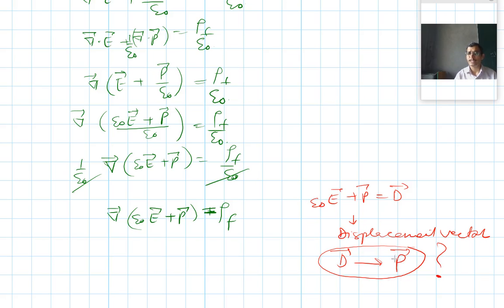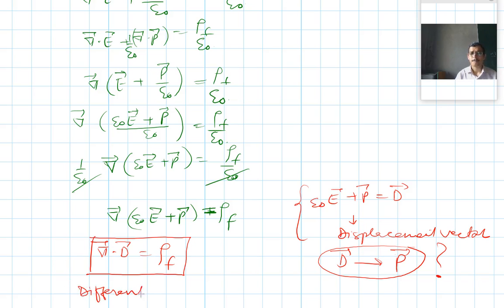If I put this new quantity here, I can write del dot D is equal to rho f. So this is the differential form of Gauss's law for dielectric.